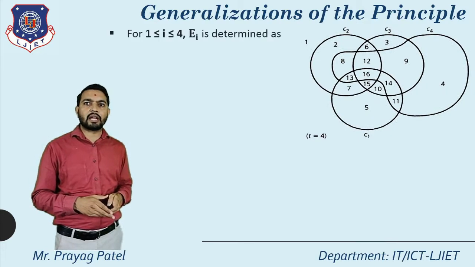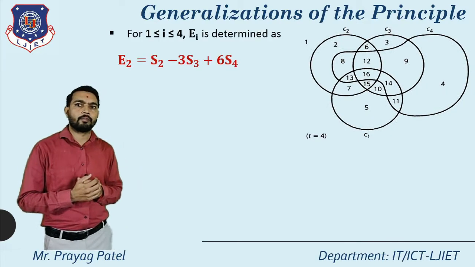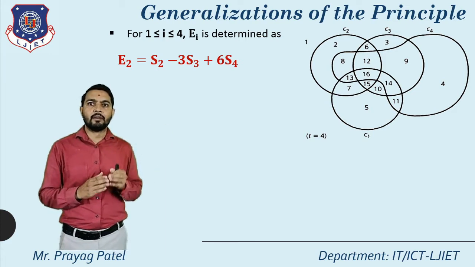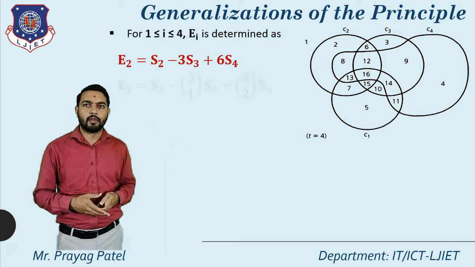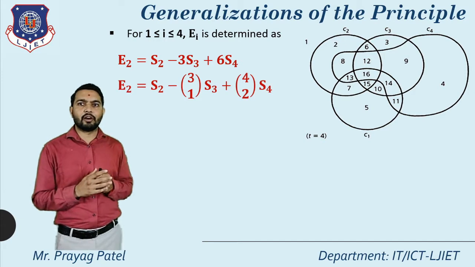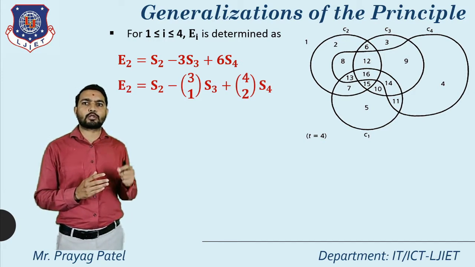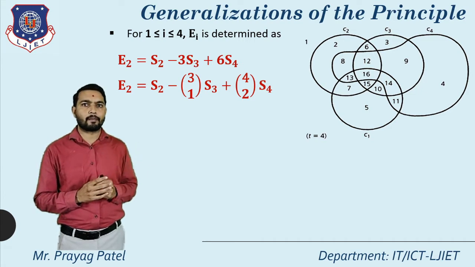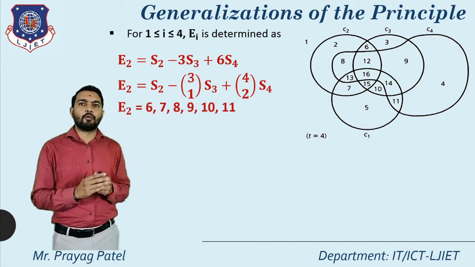Now according to this we can find the value of E2 also. So the common equation for E2 equals S2 minus 3S3 plus 6S4. Another way of writing this formula is E2 equals S2 minus 3C1 S3 plus 4C2 S4. So we find the value for E2.